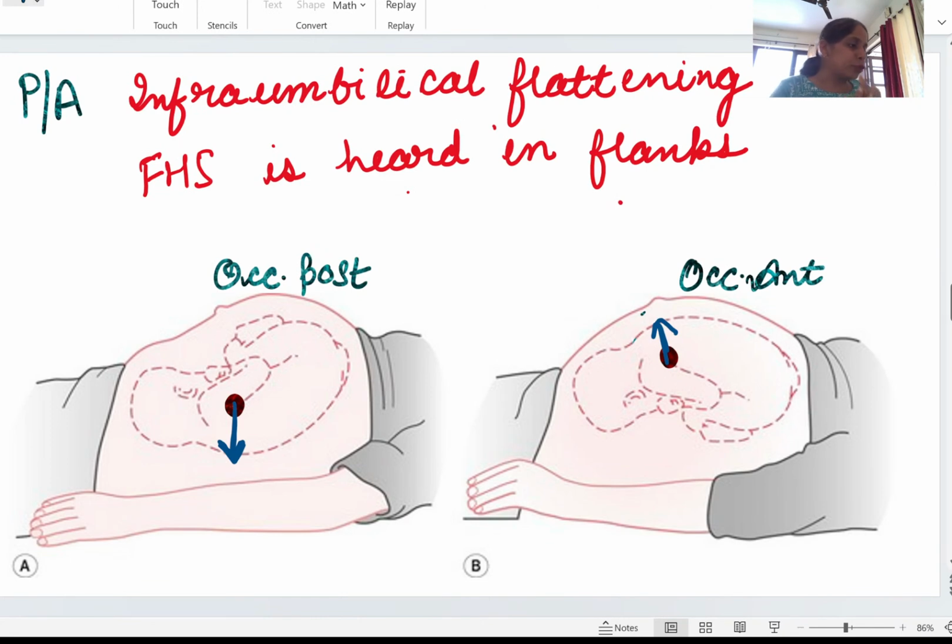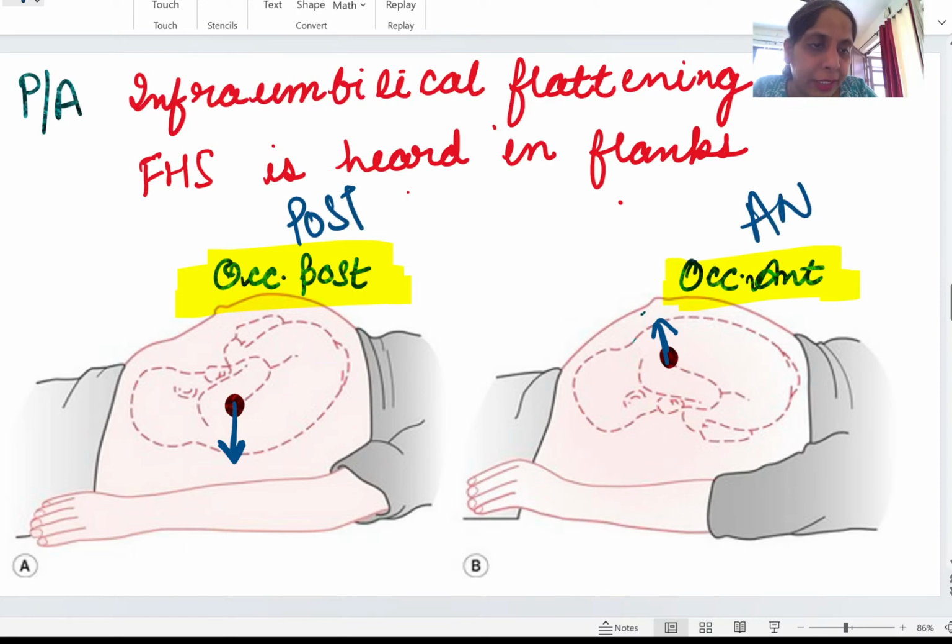What are the per abdominal findings? Please see. Okay, now this is occipito-anterior and this is occipito-posterior, right?